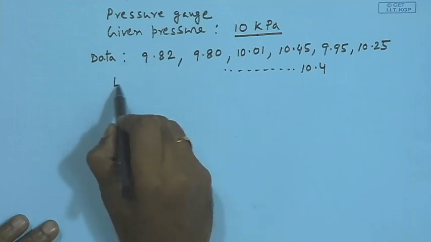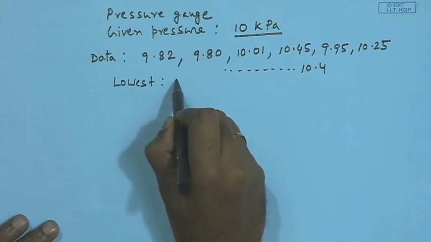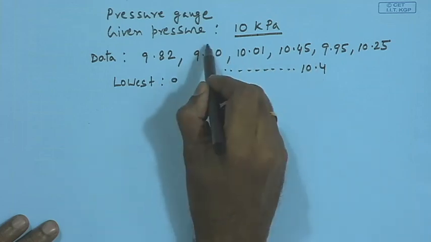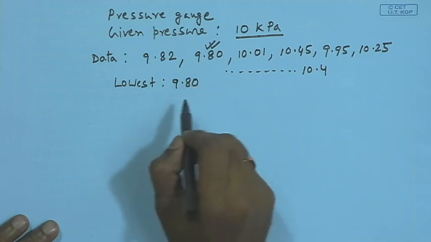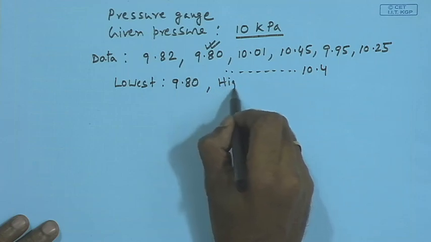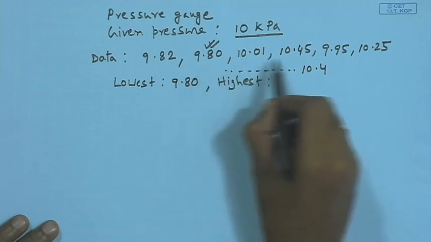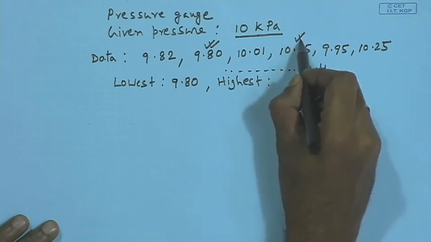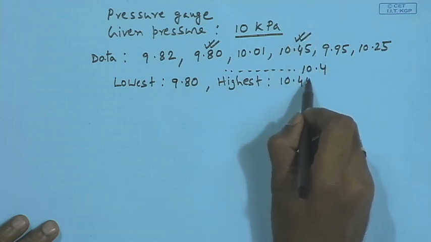So, the lowest is 9.80 and the highest is 10.45.